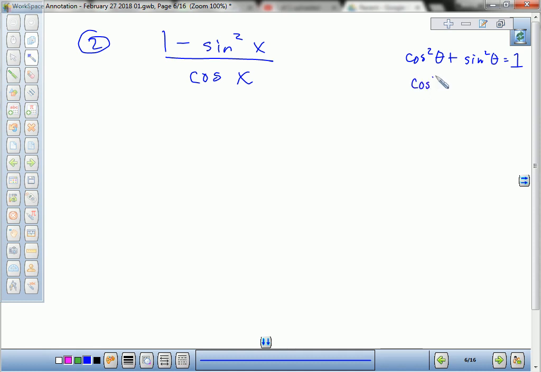Could I move this over here? Y'all see that? Could you also do secant? You could do it. There are a lot of things you could do. This is the easiest. So what we're dealing with is equivalencies. 1 minus sine squared x is actually equal to cosine squared x. And what is cosine squared x divided by cosine of x? Just cosine of x.